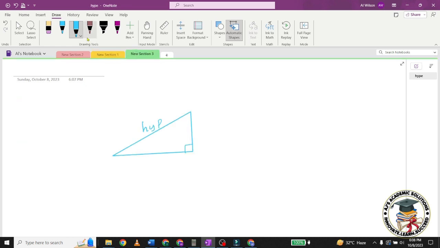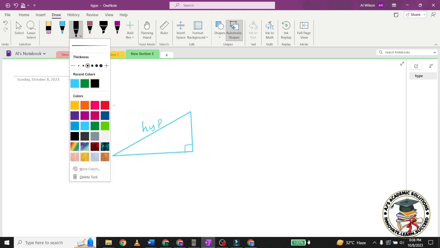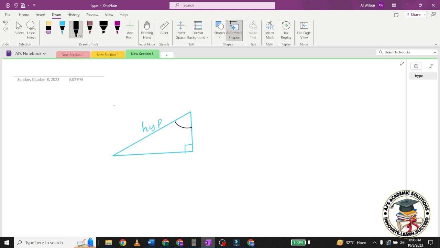Likewise, if I label this other corner as my angle, this side would be the opposite side, and with this being the opposite side, this is now the adjacent side.